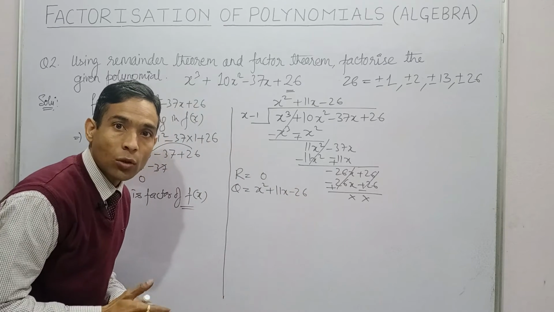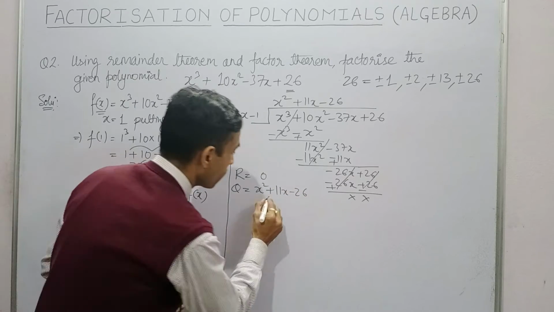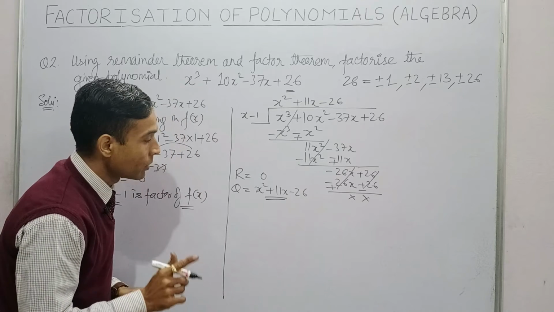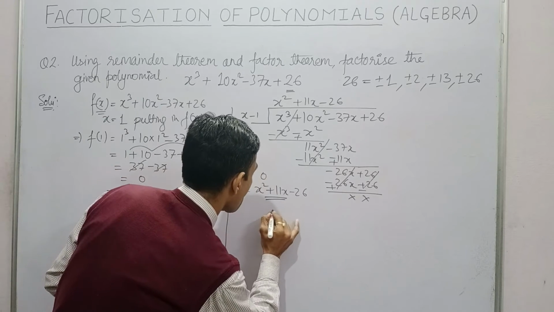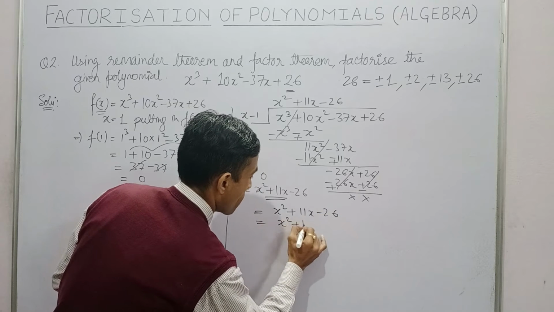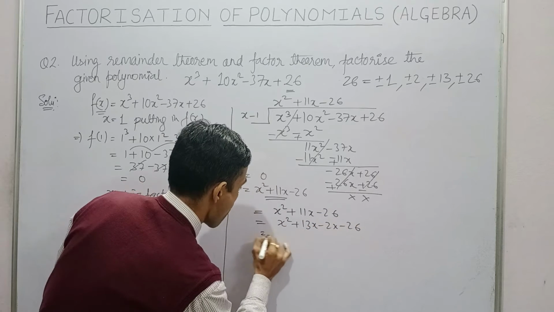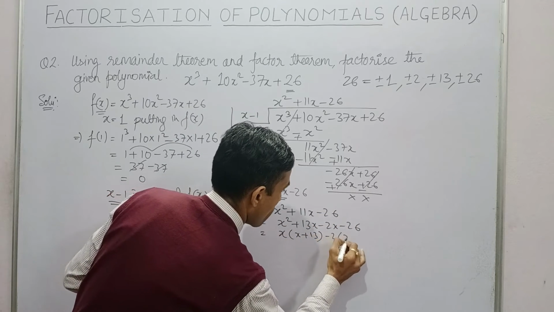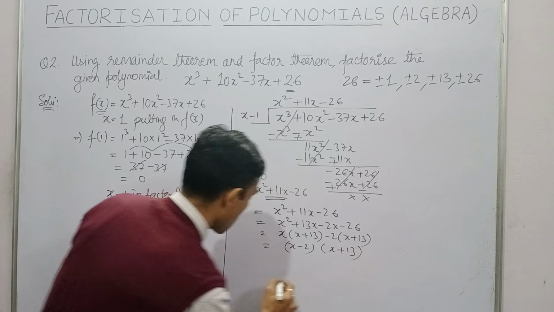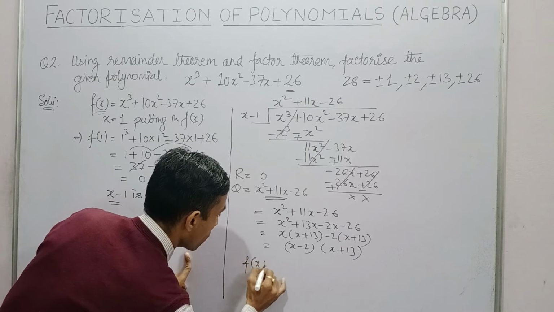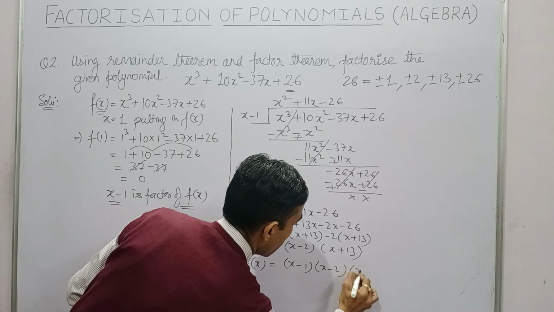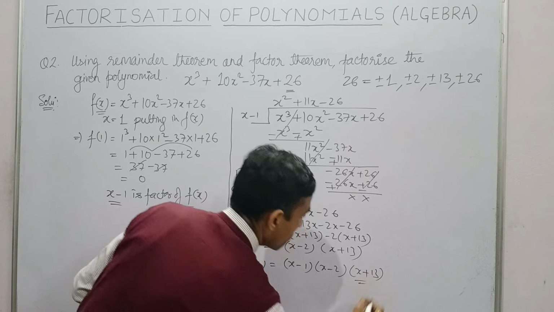Now in order to find out the other two factors, we will factorize this quadratic polynomial using the splitting middle term method. And therefore the factors of f(x) are x minus 1, x minus 2 and x plus 13.